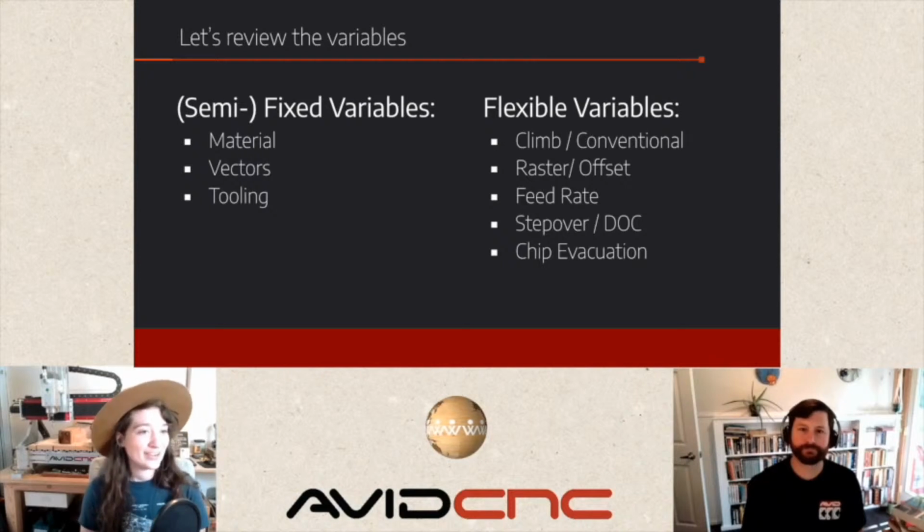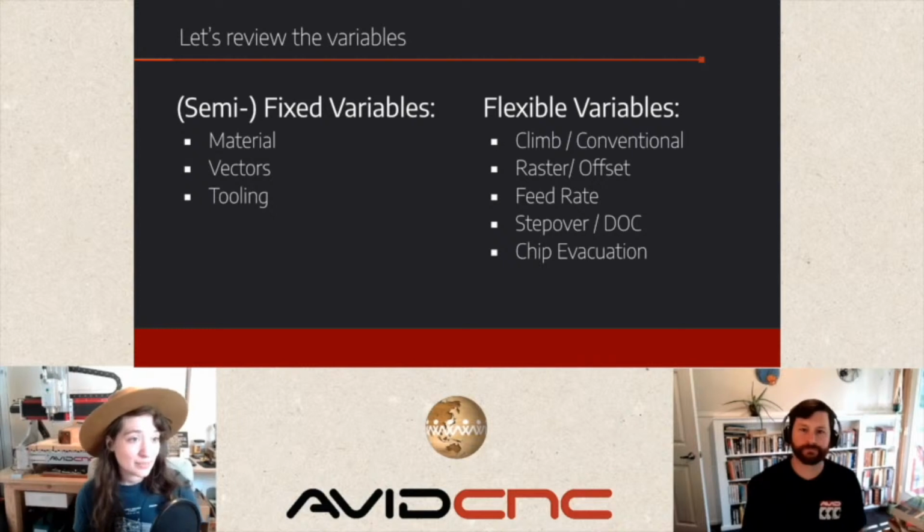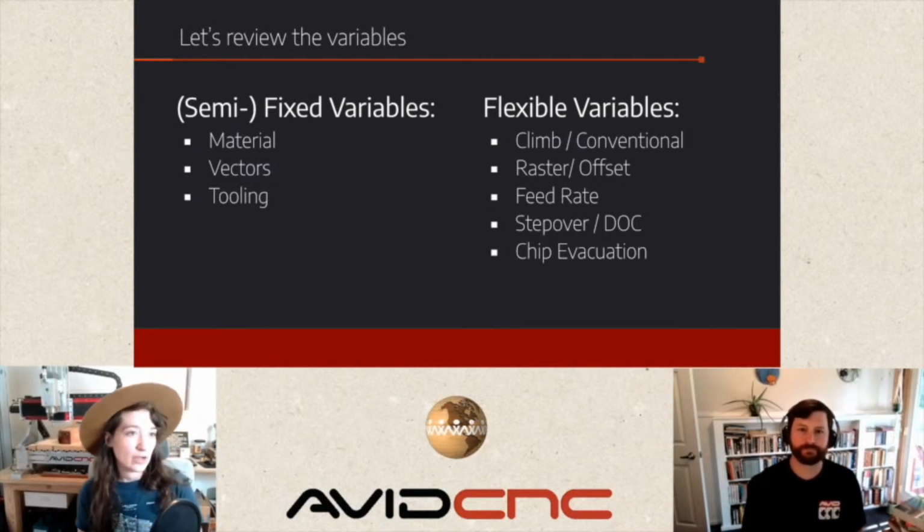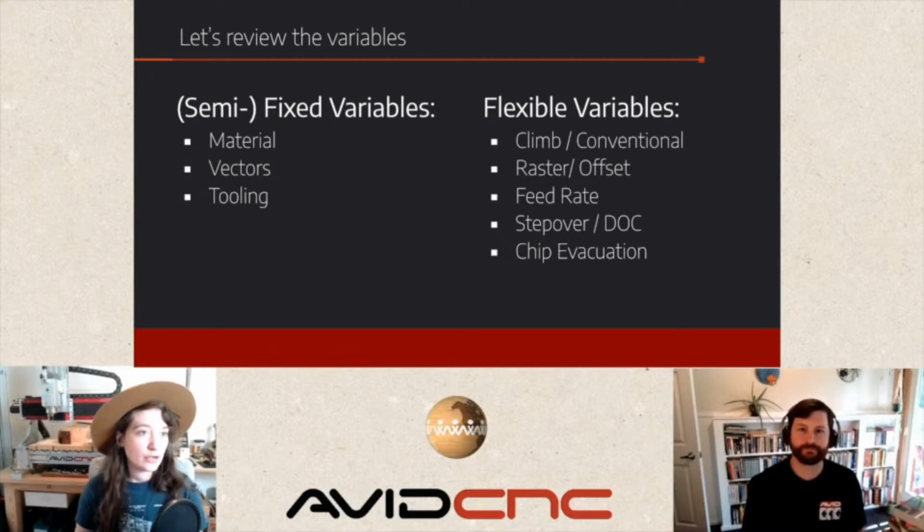So our material, brass or aluminum in this case, that's a fixed variable because you're going to select that and make some adjustments, change your other variables based on these. So your vectors are also a fixed variable, as that's your end goal, the product that you're trying to make. And then your tooling, I think, is also semi-fixed. You're going to reach for specific tools that are designed to work with these materials.